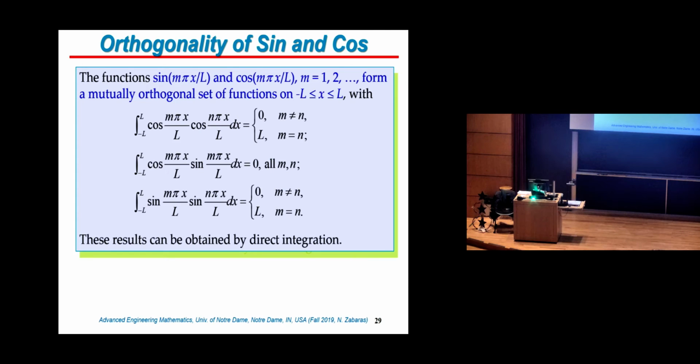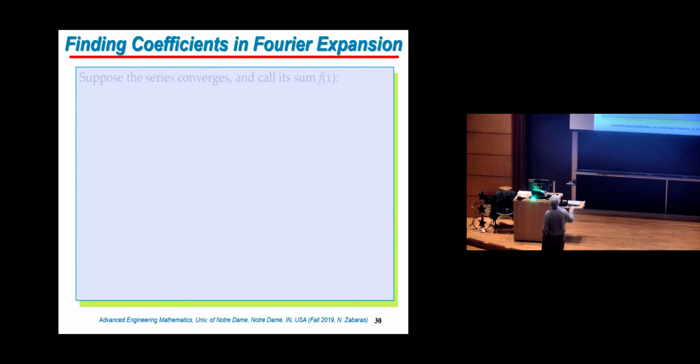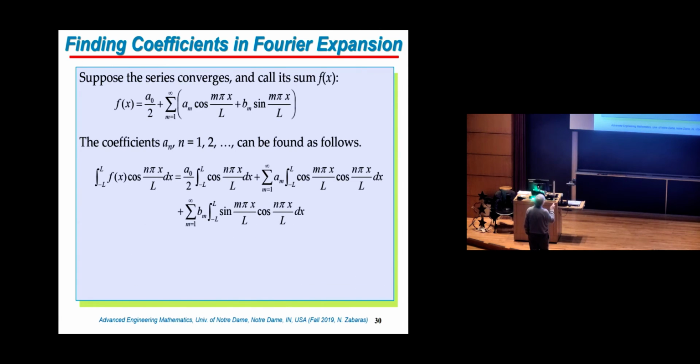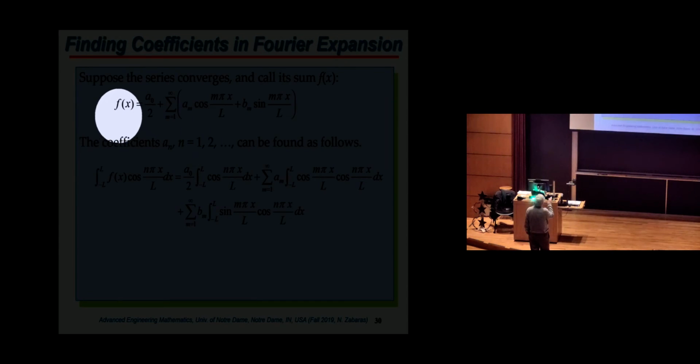How do you prove this? You compute the integrals. You go back to your former life as a freshman doing calculations of integrals, and you verify those. So, let's say I give you a function f of x, and your objective is to write it as a Fourier expansion of sines and cosines.